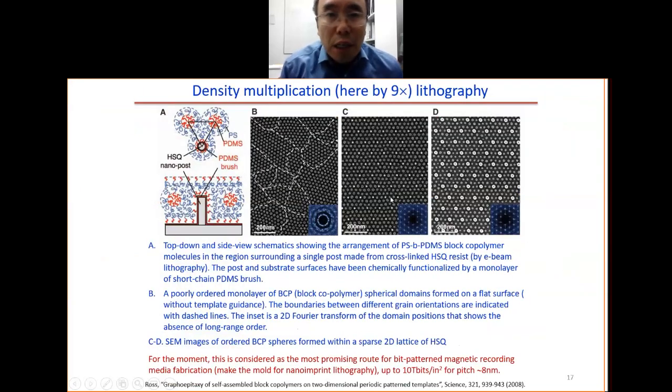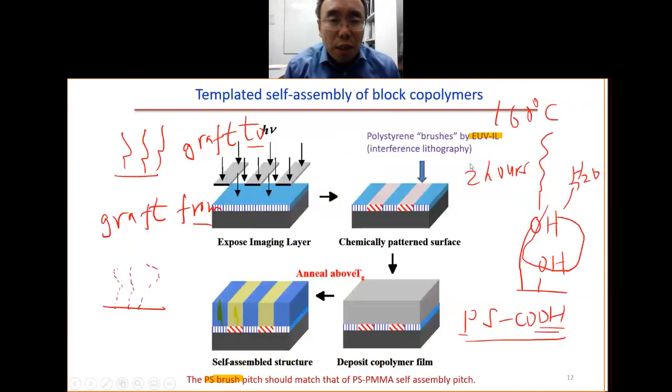So the last example is the density multiplication, here by 9 times. So here you can see, we pattern the post. This post is patterned by electron beam lithography. In that, the number of the posts, including the small posts, small pillars, is 9 times more than the number of these big pillars. This is different from here. In the example here, we have this 1 to 1 ratio.